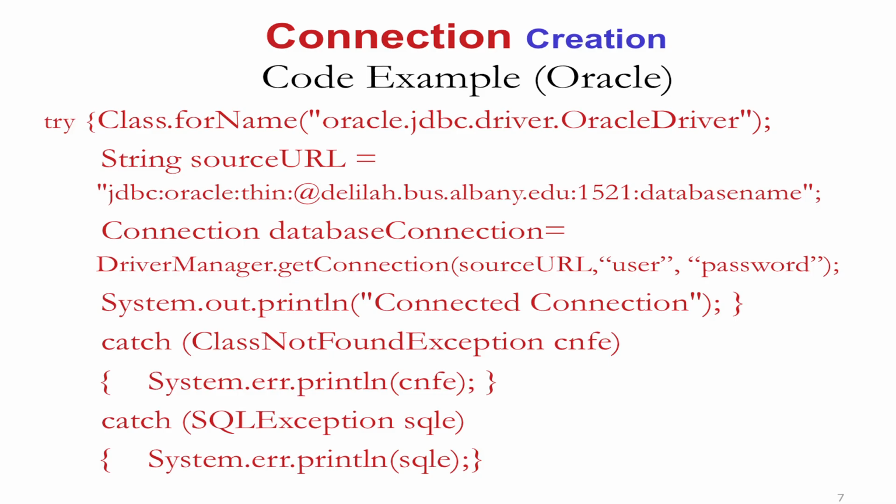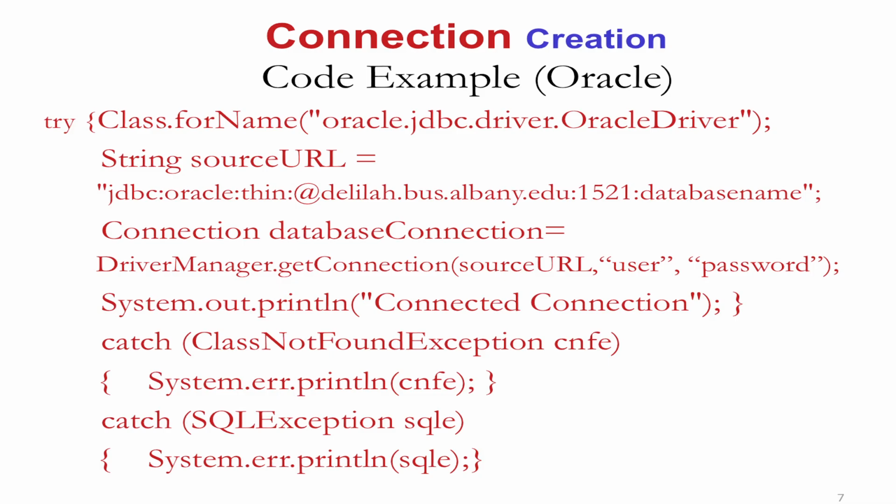Then string sourceURL, the second string variable. sourceURL is a variable defined by the user, and string sourceURL equals jdbc:oracle:thin:@ followed by the address of the database. This is the connection string.